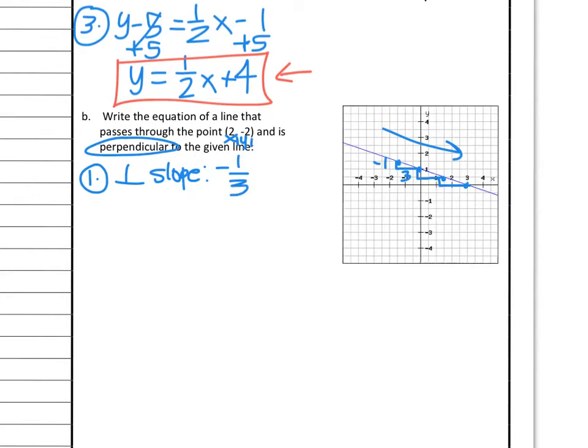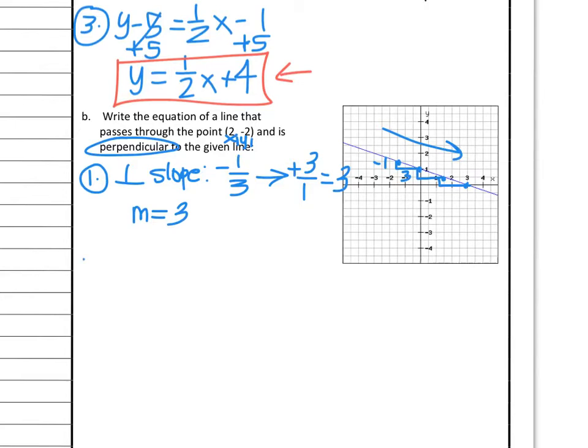And we need to flip and negate it. So I'm going to switch it to positive 3 over 1, which 3 divided by 1 is just positive 3. So our m value is going to be 3. So m equals 3. Okay, that's our perpendicular. Again, we need to flip and negate.